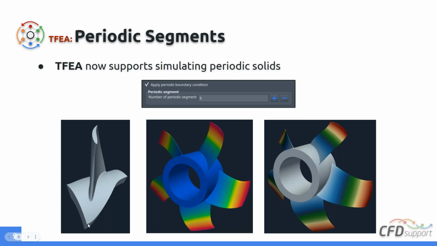In the previous version, there was no option to connect the periodicities, for example here in the solid. Now the workflow is almost the same. There is just one new option to apply a periodic boundary condition. You just set how many periodic segments build a full wheel, and the rest is the same.